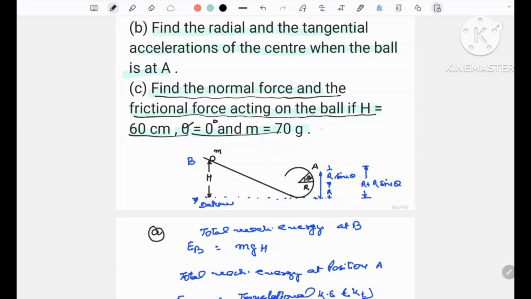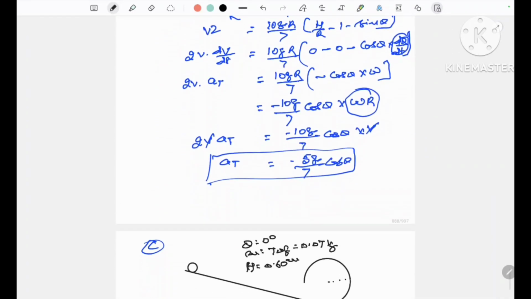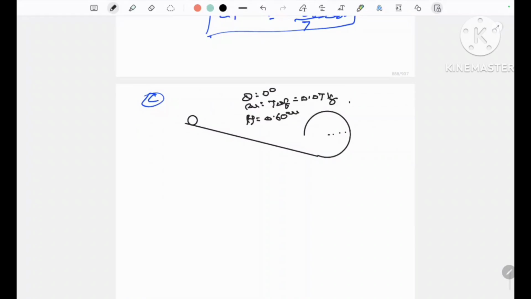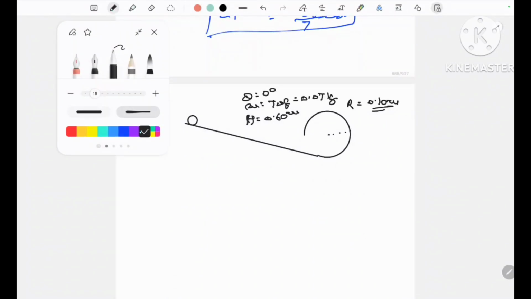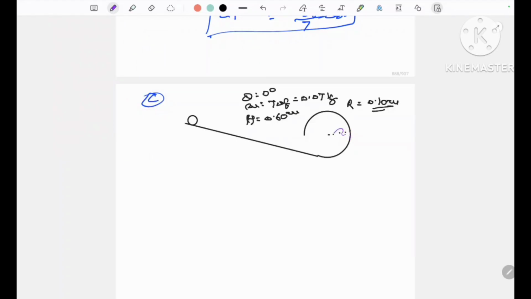And r is 10 centimeter, r is equal to 0.10 meter. If theta is 0, the sphere will be at horizontal position.